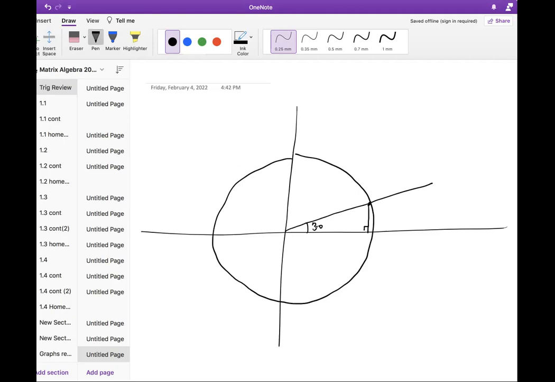And well, if this is 30 and this is 90, this must be 60. So again, I have hypotenuse 1. And we know what the sides of this triangle are, right? This is also a 30, 60, 90 triangle. So this length must be radical 3 over 2, and this height must be 1/2.